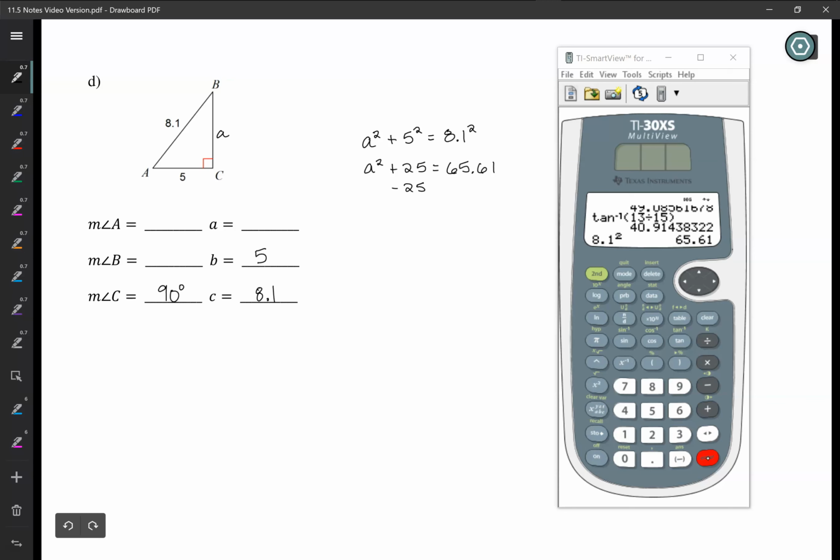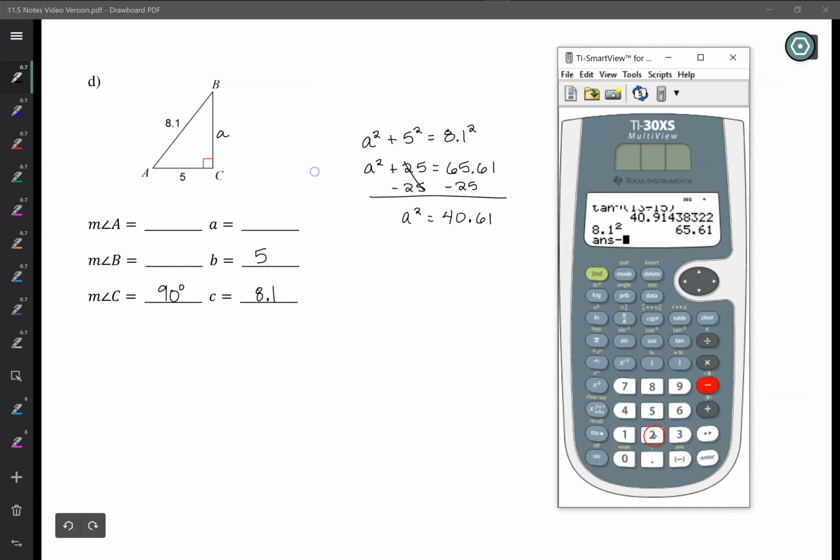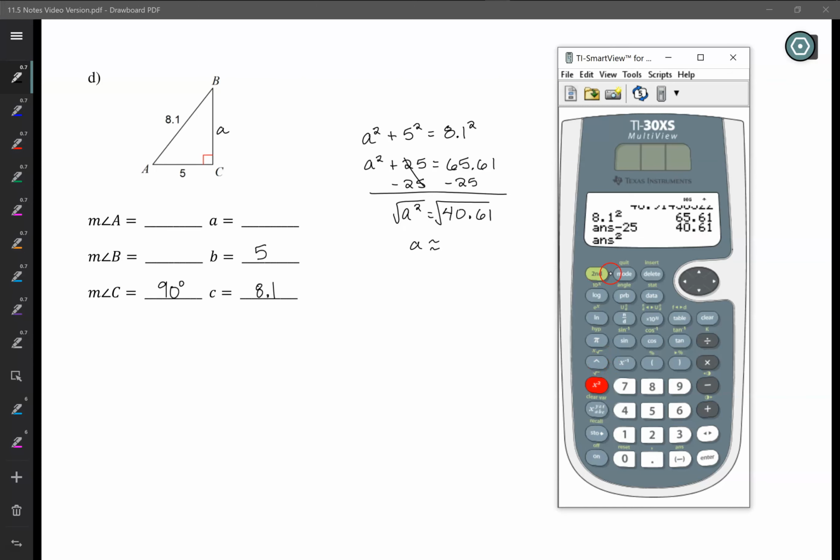Subtract 25 from both sides. That gives you a squared equals 40.61. Take a square root, and that gives you that a is about 6.4.